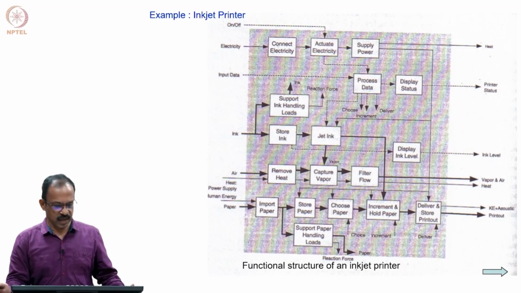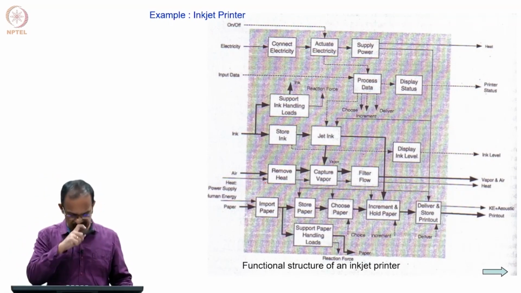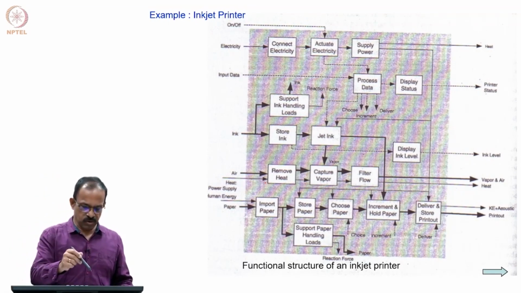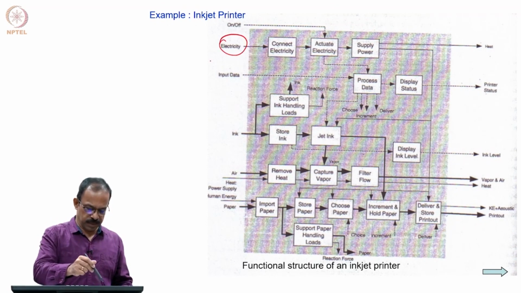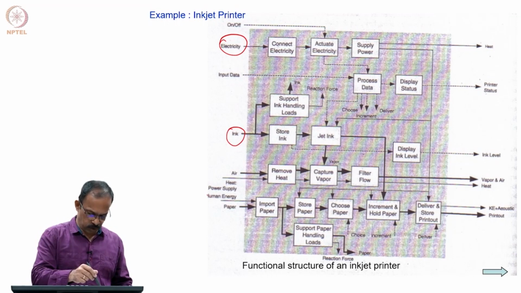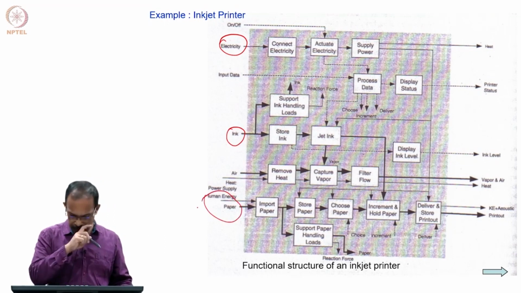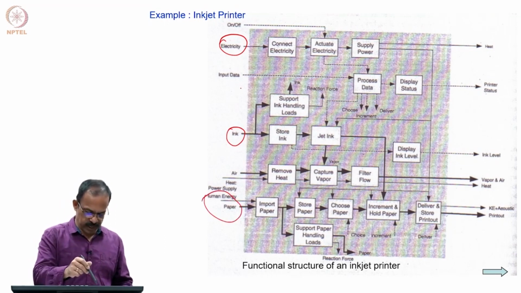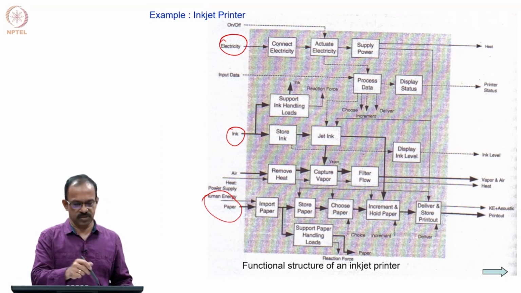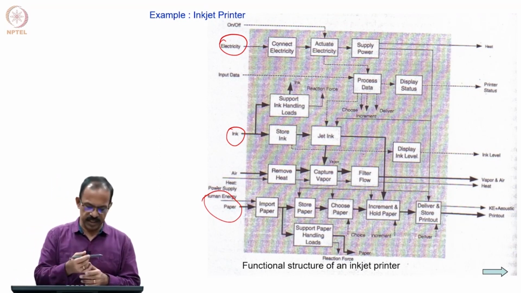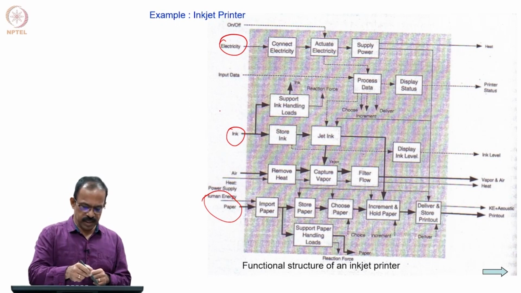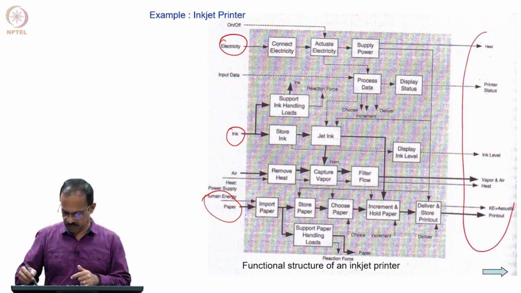This is the example for the inkjet printer function structure. The main inputs are electricity, ink, human energy, and paper. Then of course input data, air and power supply. So, these are the main inputs and these are the outputs.